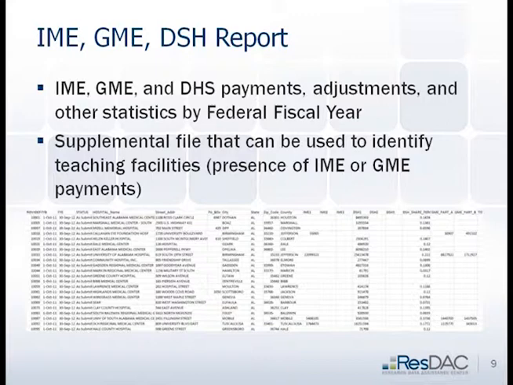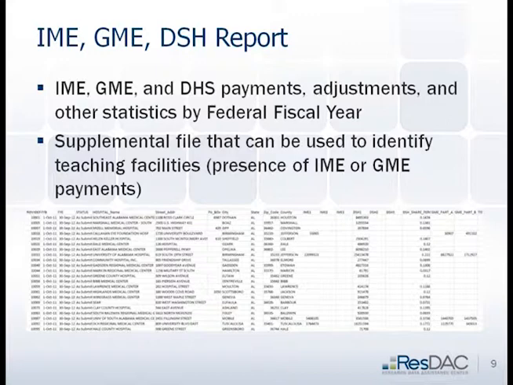If you were looking for evidence of a teaching facility, this might be a nice report to look at to quickly give you information about whether or not the facility is receiving indirect medical education dollars or graduate medical education dollars.